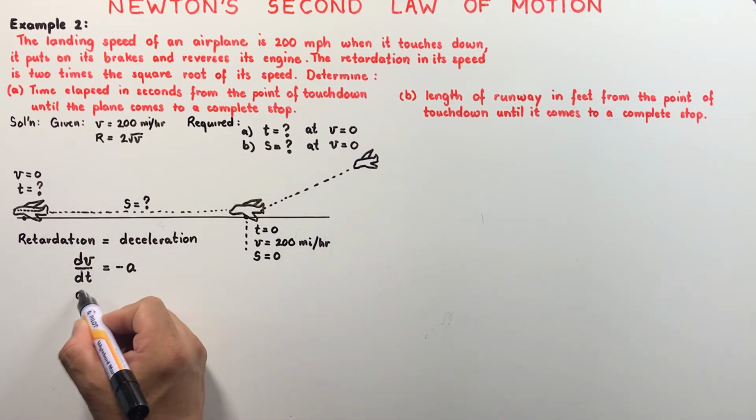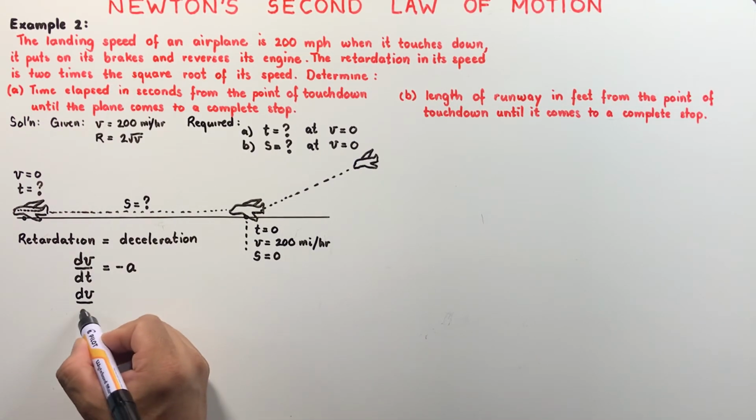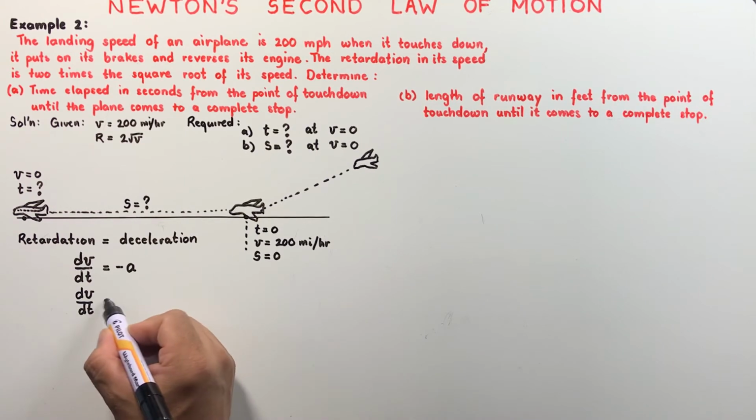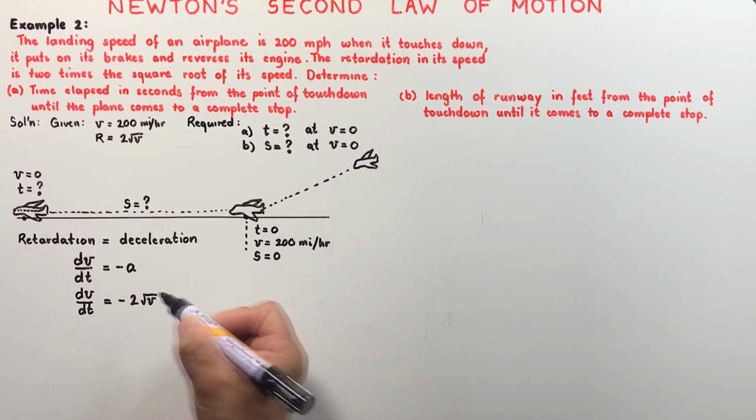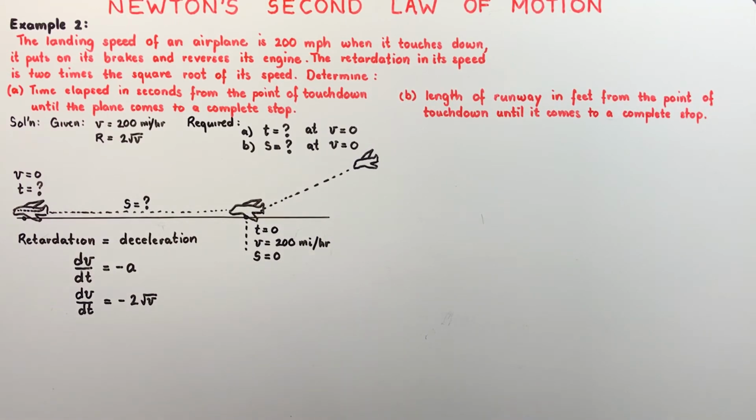But we know that the retardation given in the problem is equal to twice the square root of its speed or velocity. And you can see that this is already a differential equation that can be solved by separation of variables.